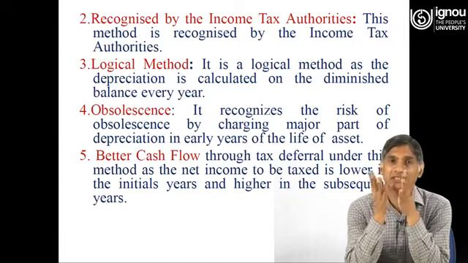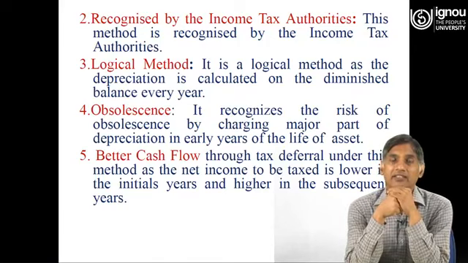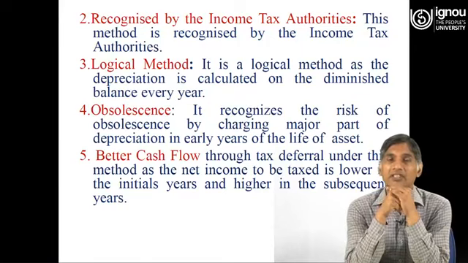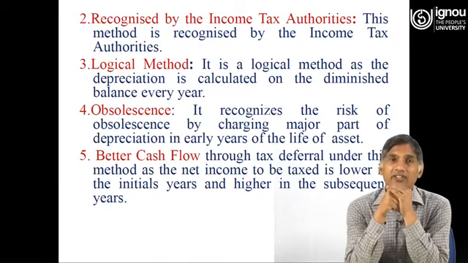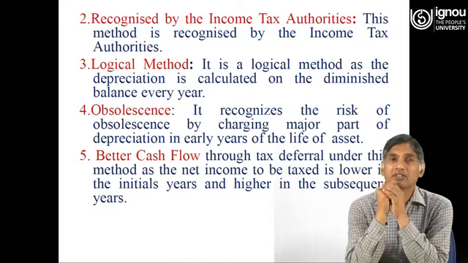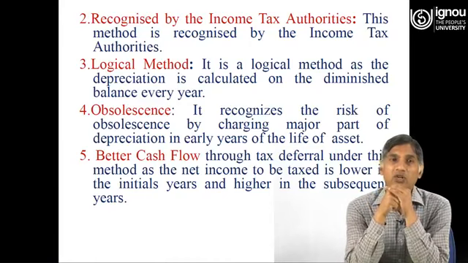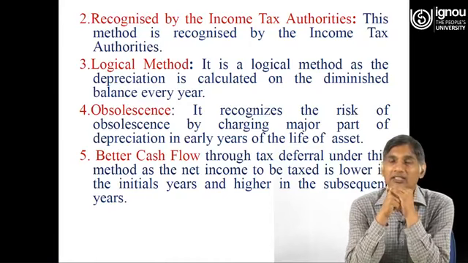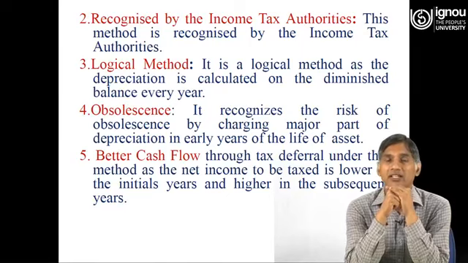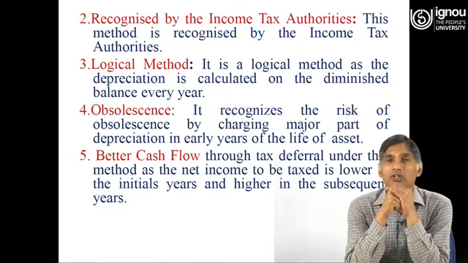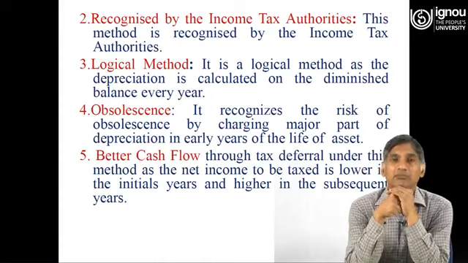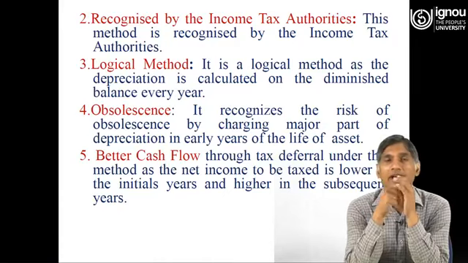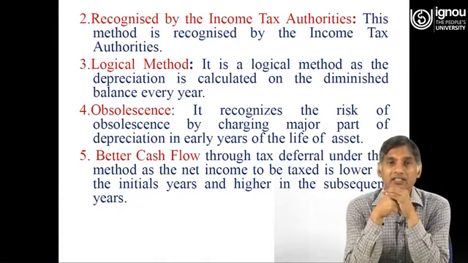Logical method: yes, this is quite logical that the amount of depreciation which is calculated on the asset keeps decreasing every year. Obsolescence: it recognizes the risk of obsolescence by charging the major part of depreciation in the earlier years, because in the initial years the amount of depreciation is comparatively more as compared to the later years.